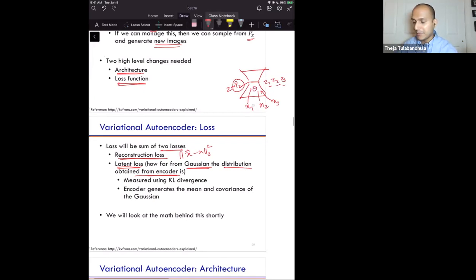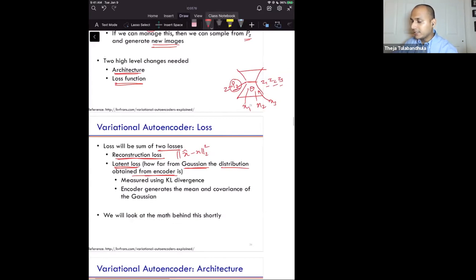There are parameters to tune on the encoder side, and we're going to penalize for that. How far away this distribution in the z space is from Gaussian is captured by a distance measure, similar to an L2 loss function, called KL divergence. It's just measuring distances between distributions. It's not exactly a metric, but it captures some sort of dissimilarity between two distributions. We're going to use that.